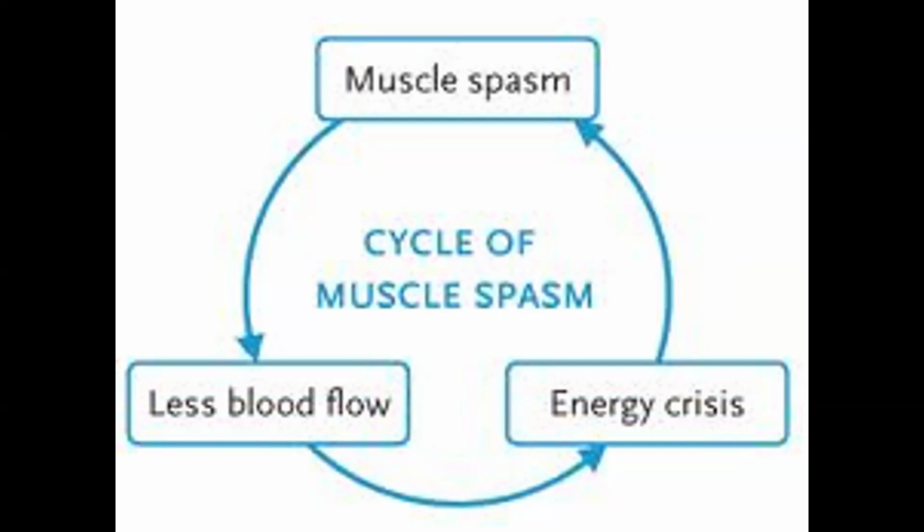Now, as you know, when you have a muscle spasm, it's like you're having a myocardial infarction. This actually will produce less blood flow and can lead to an energy crisis. So when you break this cycle, in fact, you break the pain here.